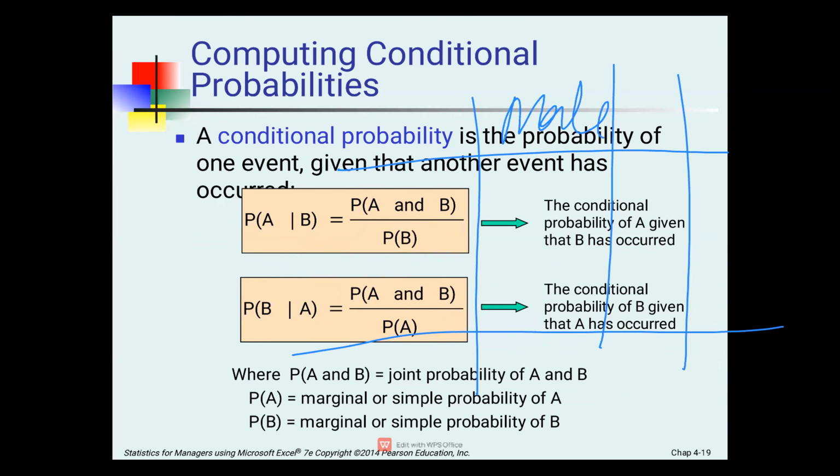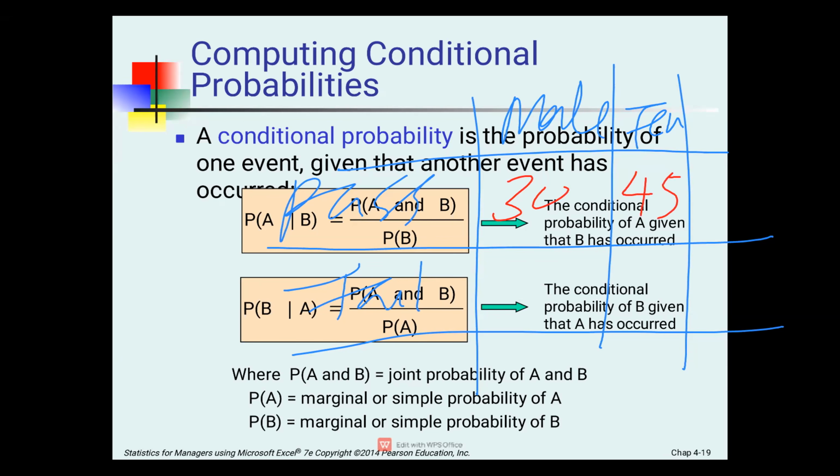We have the numbers here. Let me use the red marker a bit. Let's have 30 here, and 45. These are just imaginary numbers.